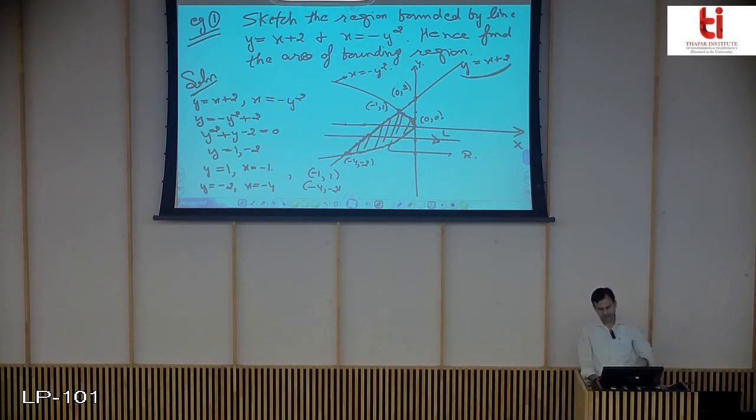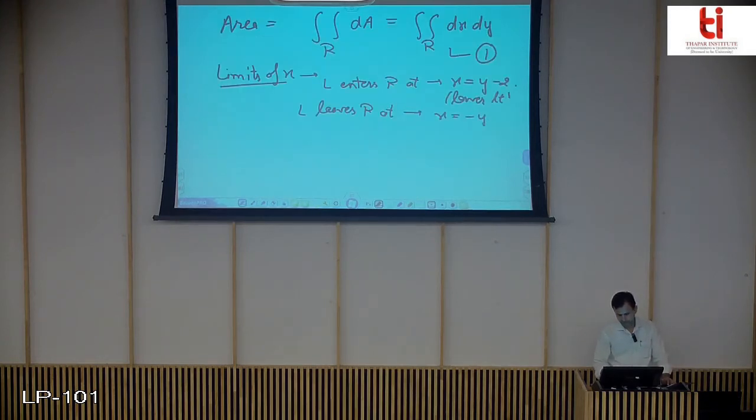It is not necessary to draw it where I have drawn it. Wherever you draw it crossing the region, it will always enter the same line and leave through the other line. So here this is x equals minus y square. This is the upper limit. So this completes your limits of x.